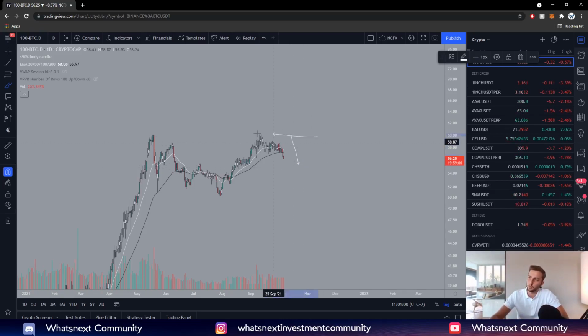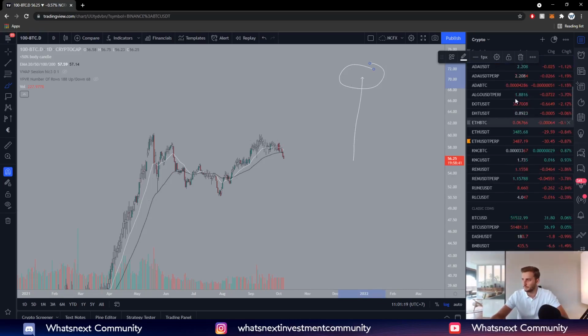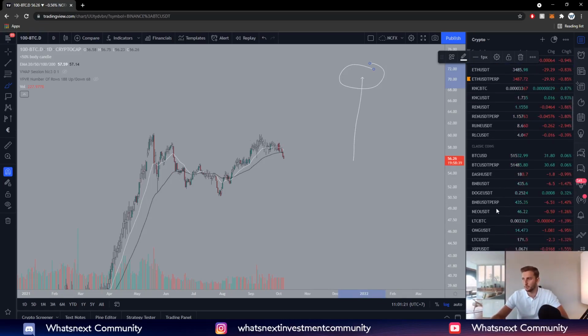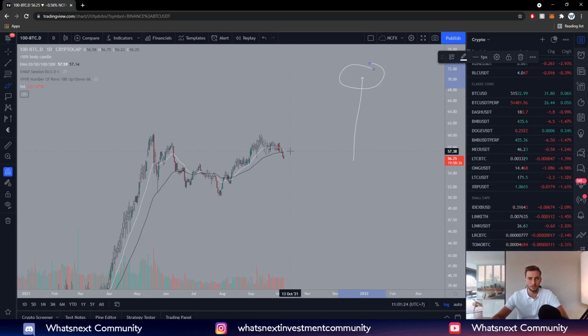Because we see this break down through the EMAs and we see this retracement, you can expect that we hit the supply area on Bitcoin, and while moving towards that area, you probably won't see as much bullish price action in the altcoin market, which is visible right here. We don't see any movements towards the altcoins, even though Bitcoin is rising.